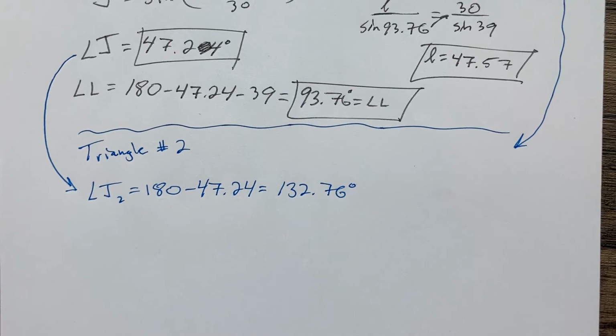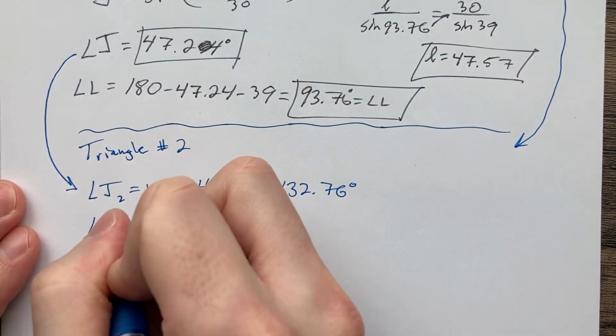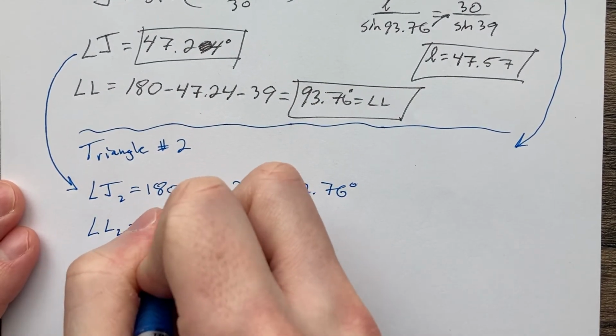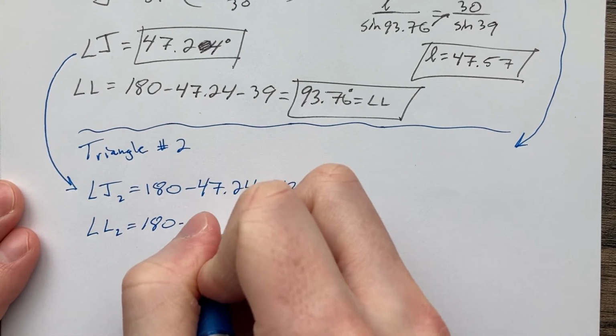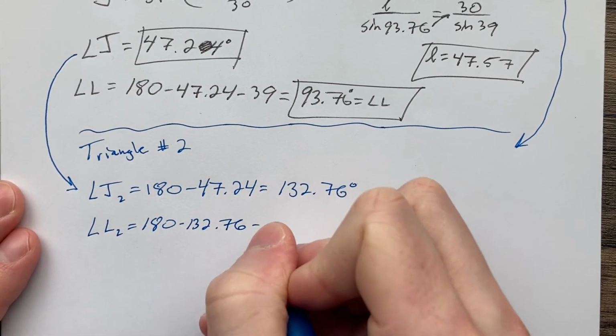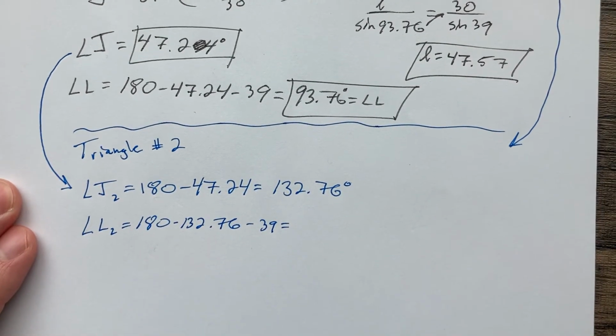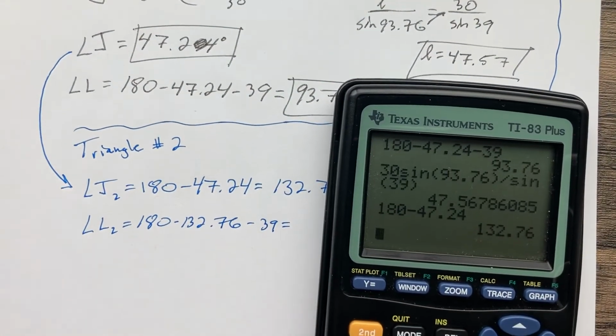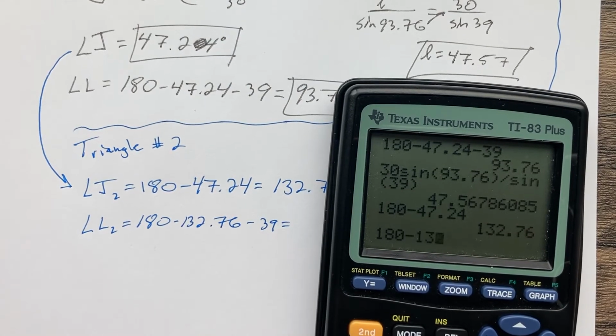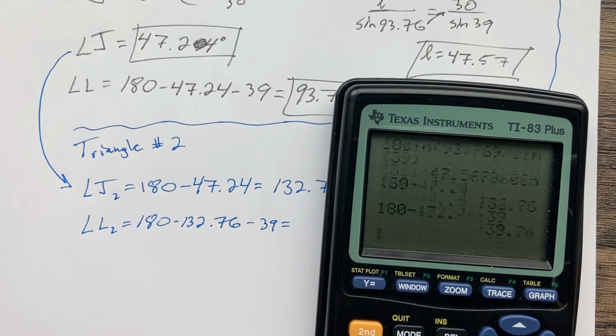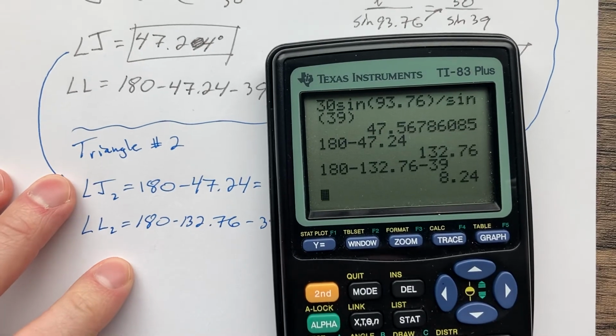And then now we are on our way to solving the second triangle. So the next angle L2 will be 180 minus that answer I just found, minus the original angle that they gave us of 39. So 180 minus 132.76 minus 39, 8.24 degrees for angle L2.